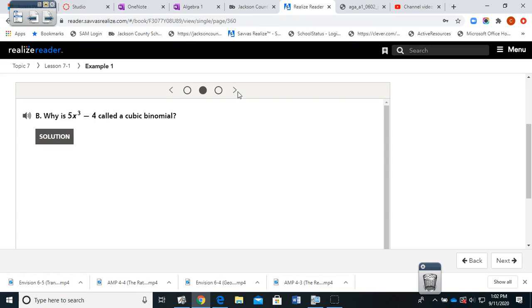Why is 5x to the 3rd minus 4 called a cubic binomial? Cubic is the 3rd power. That's the degree, right? What's the degree of this part? What's the degree of 5x to the 3rd? 3. What's the degree of negative 4? 0.